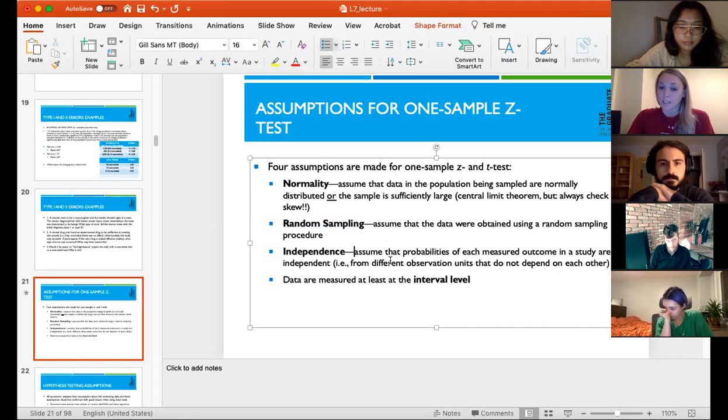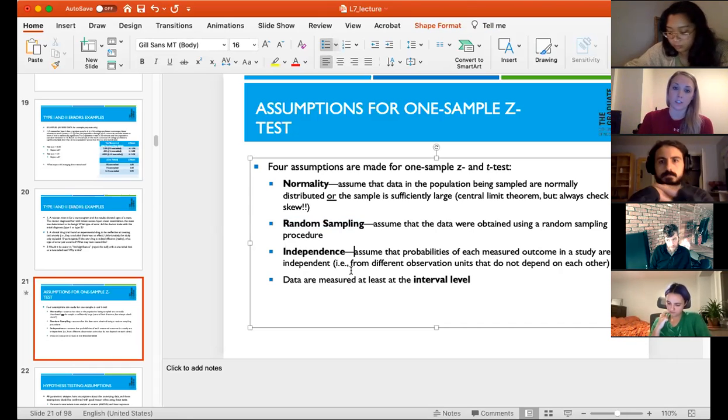Then you have independence. This is an assumption that you'll see pop up in various tests throughout the semester. Independence is the assumption that the probability of each outcome measured in the study is independent. So for example, for a one sample Z test, if I collected data from a sample of students, no one student was measured twice, right?